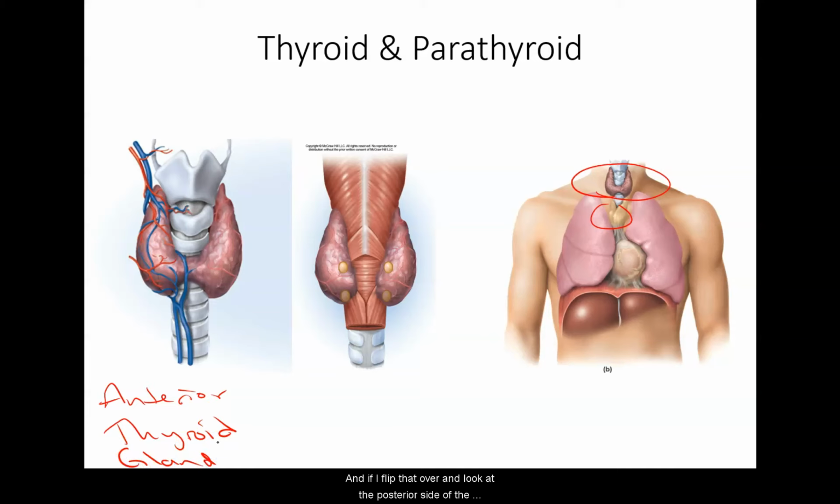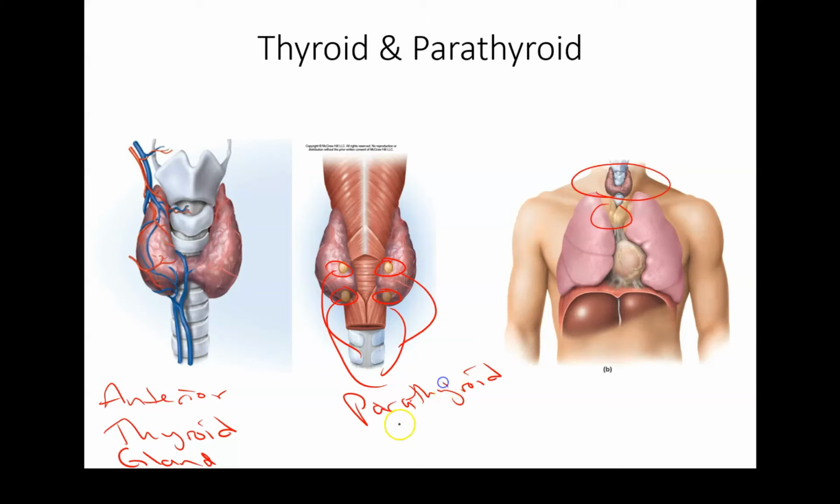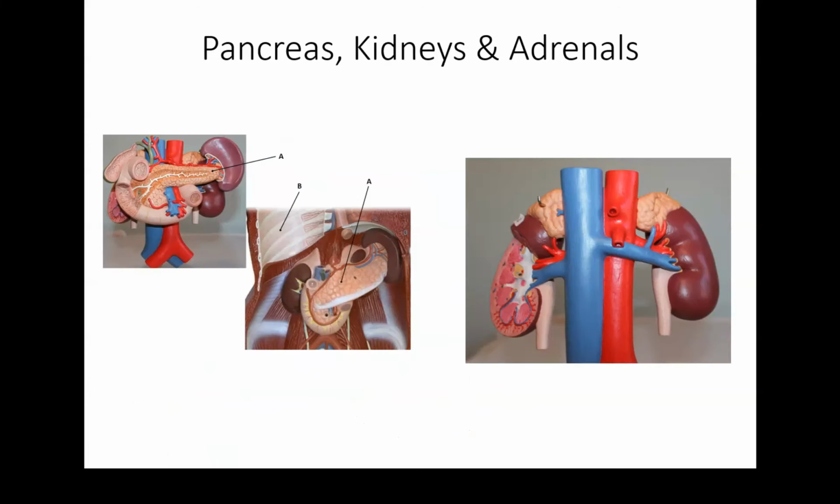And if I flip that over and look at the posterior side of the thyroid gland, you'll notice that there are four small glands embedded in that thyroid gland. And those all make up the parathyroid glands, which, as you know from your lecture videos, helps to control blood calcium.